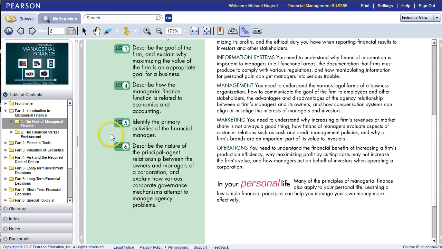Okay, learning goal 5 from chapter 1 was to identify the primary activities of a financial manager.